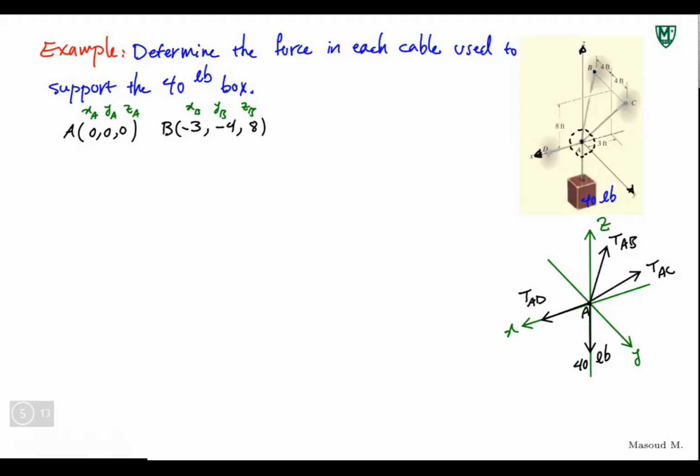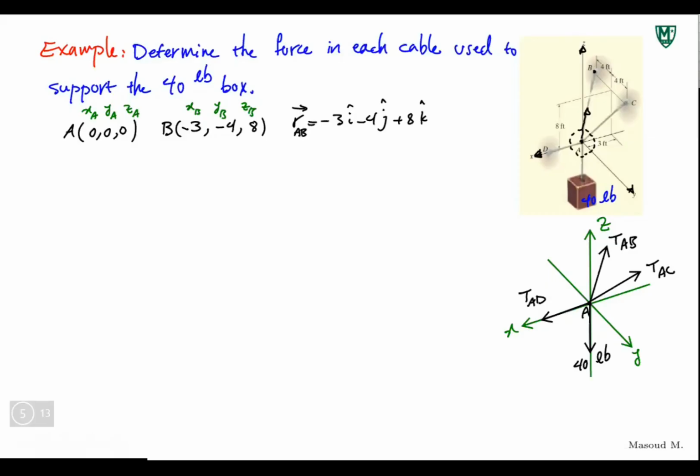So the vector, before even getting to the unit vector, is XB minus XA, so minus 3i. This would be minus 4j, because it's YB minus YA. And ZB minus ZA, which is plus 8k. So this is my vector from A to B. This is RAB.